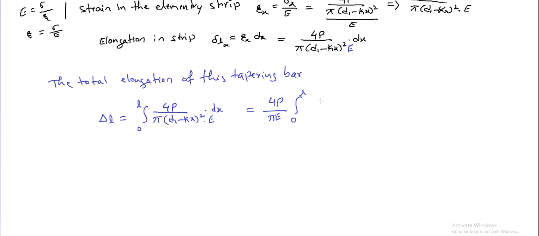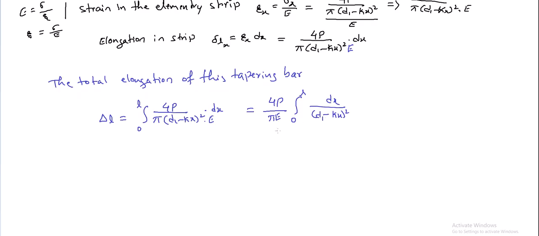dx by (d1 minus kx) whole square. This is the part dependent on the variable, dx by (d1 minus kx) whole square.